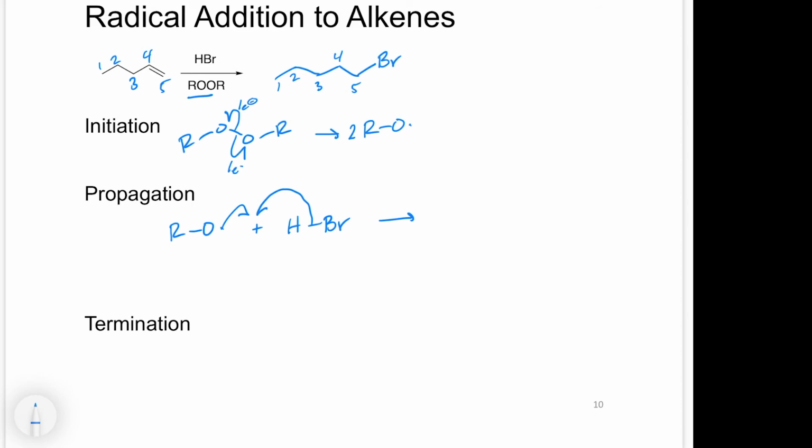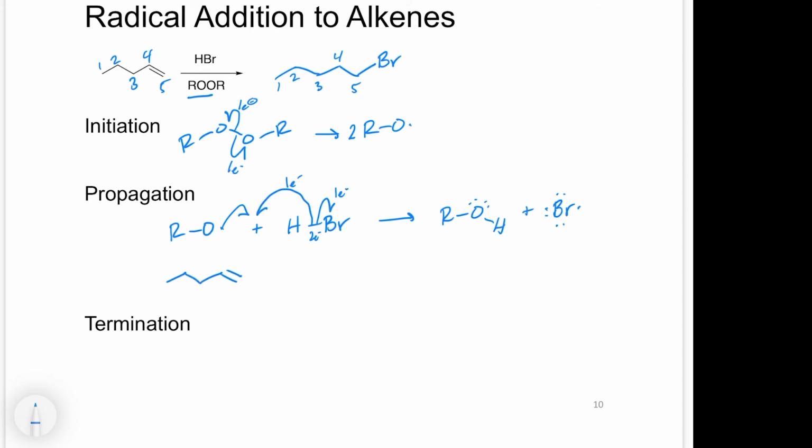And of the 2 electrons between the hydrogen and bromine, one is going this way and one is going to our bromine. So if we draw what we have, we now have this alcohol plus this bromine radical here.